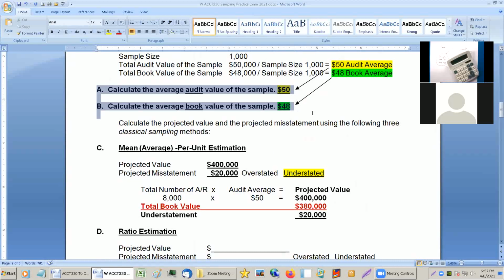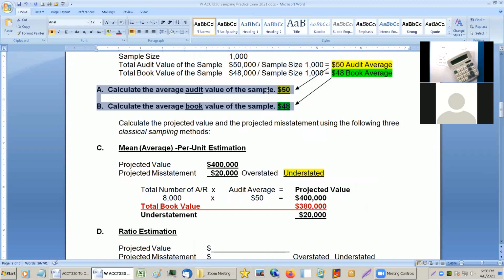They say, okay, there's a ratio of things that are off here. And what we mean by that is small things probably are off by small amounts, and larger things are probably off by larger amounts. So if you have a $10 accounts receivable, it's probably not going to be off by $100.